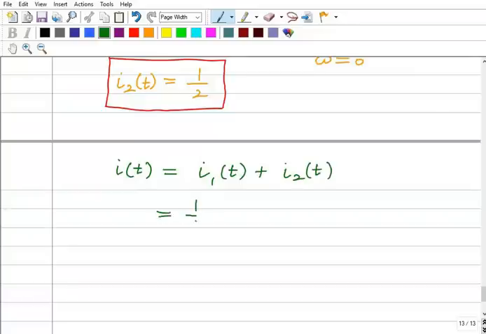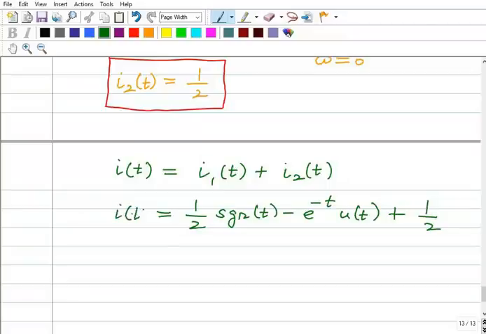I1 of t is 1 by 2 sgn t minus e power minus t u of t. I2 of t is 1 by 2. This is current, I'm just using unit amperes.